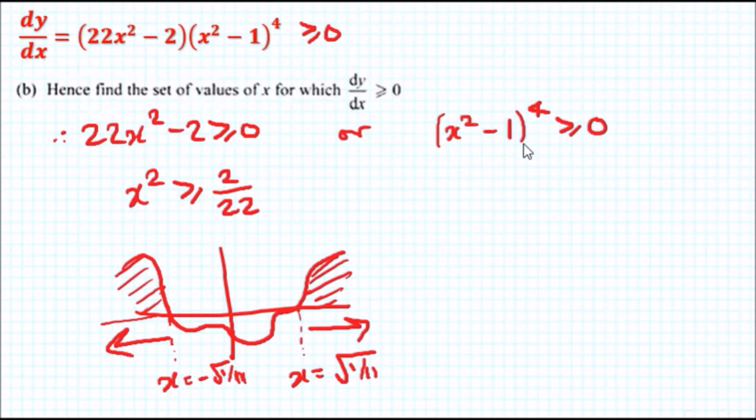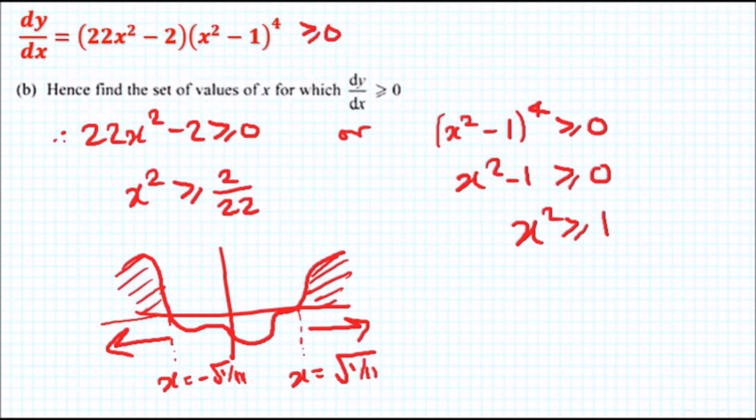Now how about the one over here? Well, first things first, because it's to the power of 4, it's always a positive quantity, so we can ignore that. Then we're left with x squared minus 1 greater than or equal to 0. And this is a difference of two squares, so x squared would be greater than or equal to 1.